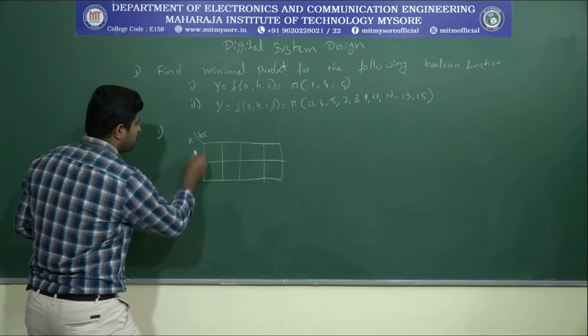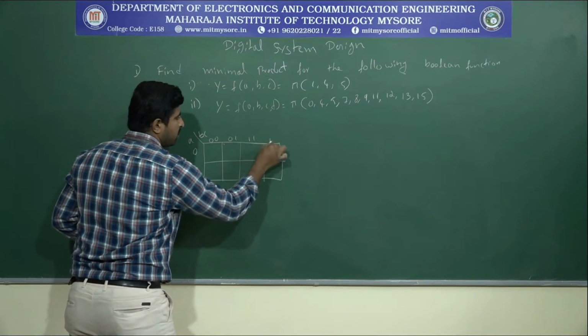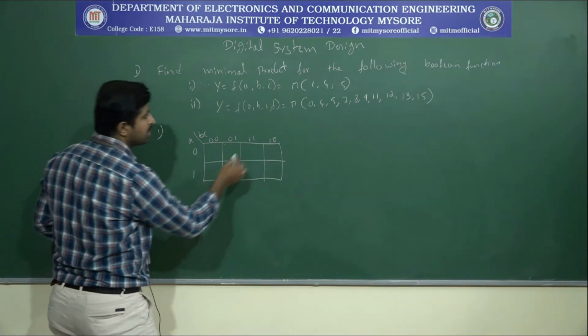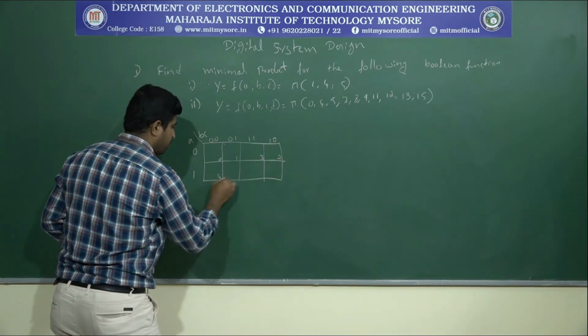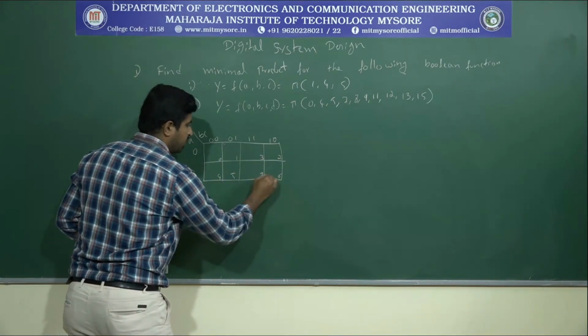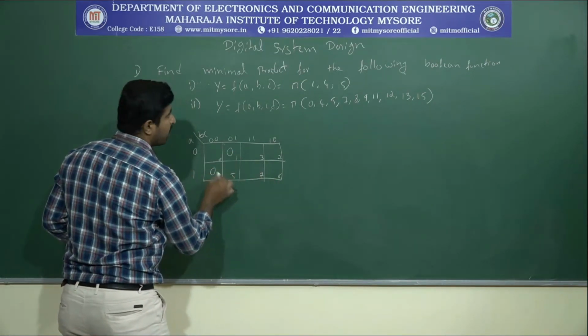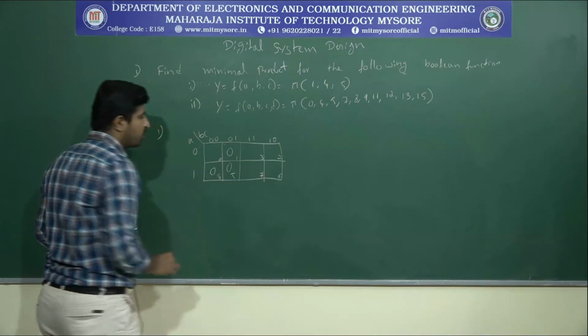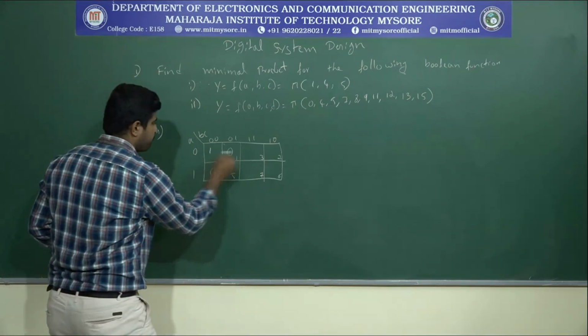Keep in mind: 0 1 0 0 0 1 1 1 1 0. Let's write the cell numbers 1, 2, 3, 4, 5, 6, 7. For the cells 1, 4 and 5, 0 will be there. For the remaining cells it will be logic 1.